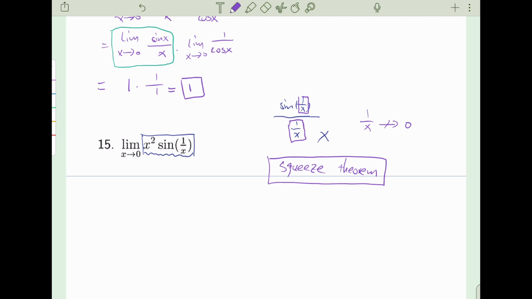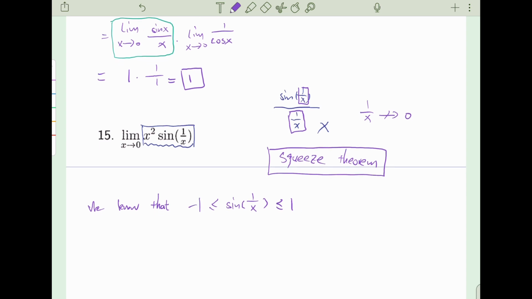How do we do that? So we know that the trig function sine of something is bounded. So this expression, sine of 1 over x, is always between positive 1 and negative 1, no matter how x changes.